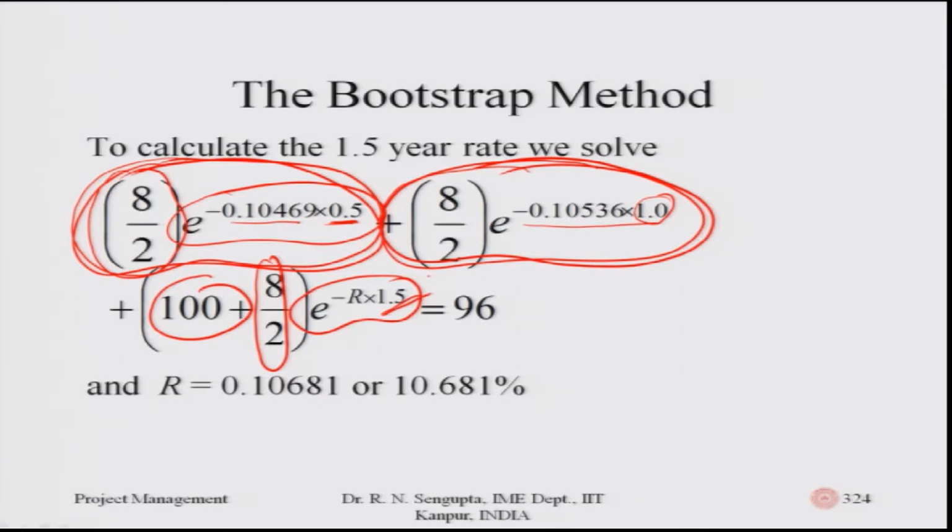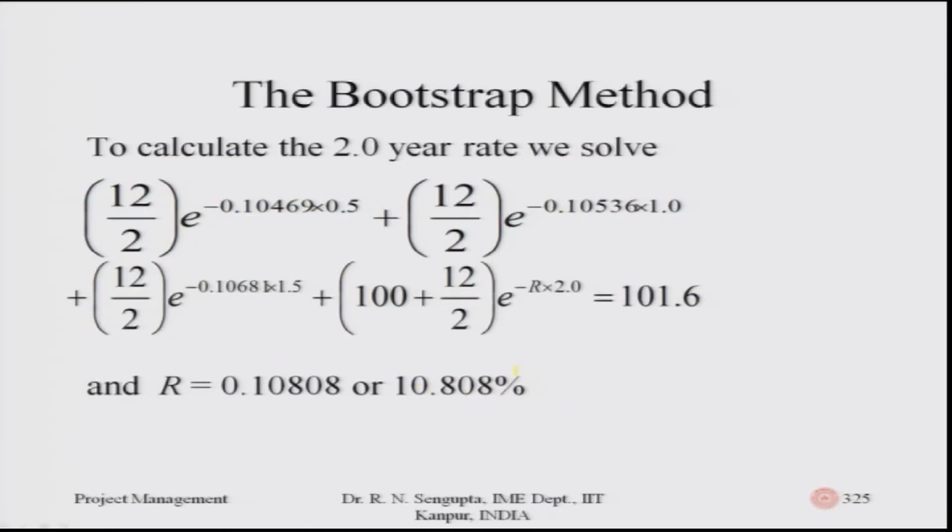So, now what you have got is this: 10.469 is the continuous compounding interest rate for half a year, 10.536 is the continuous compounding interest rate for 1 year, and 10.681 is the continuous compounding interest rate for 1.5 years.